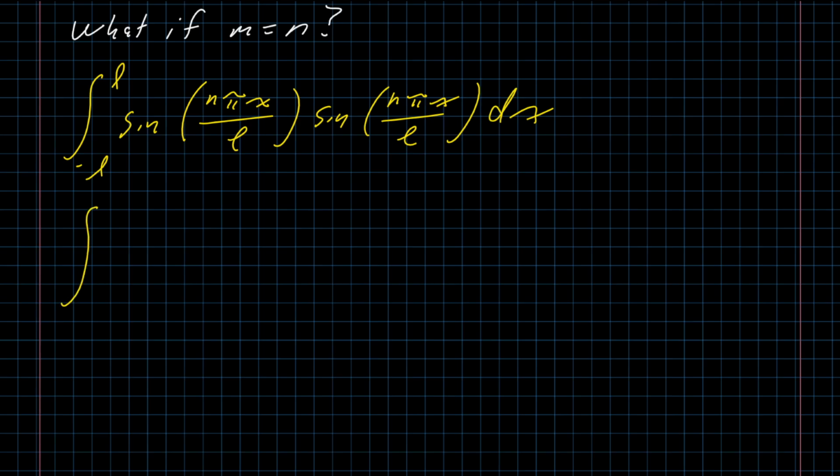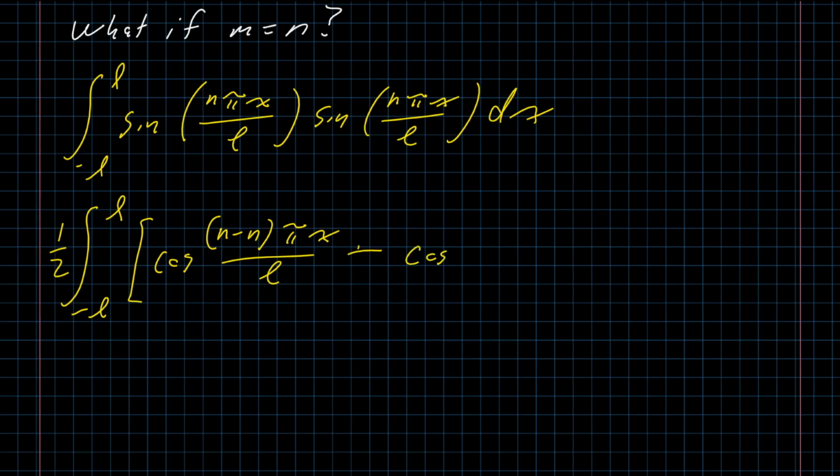We're going to rewrite this using that product to sum formula. We'll have a 1/2 in front, and we will have cosine of n minus n times pi x over L, and we'll have cosine of n plus n pi x over L.